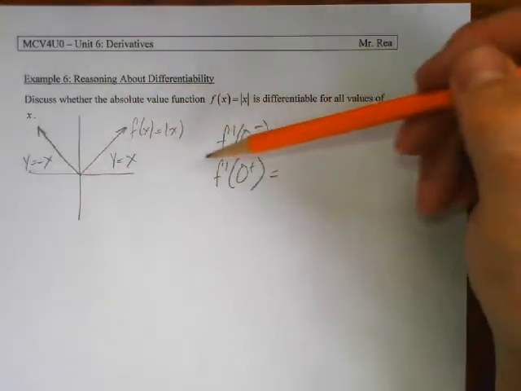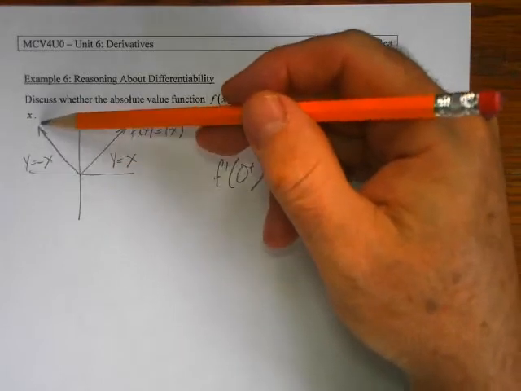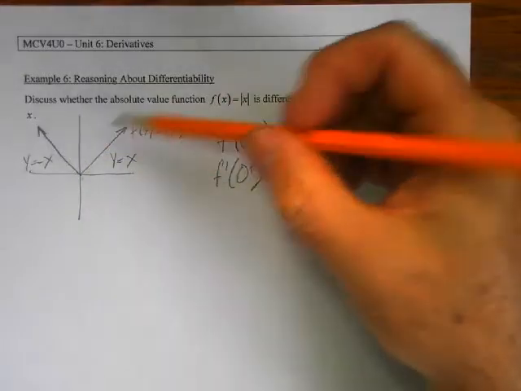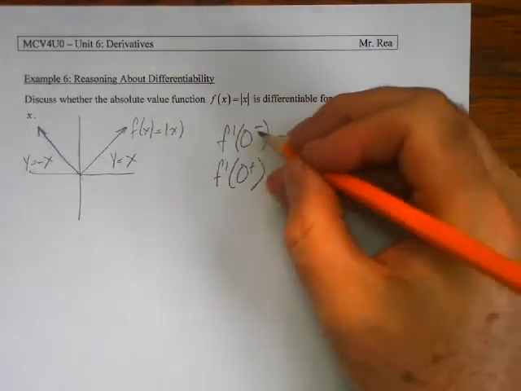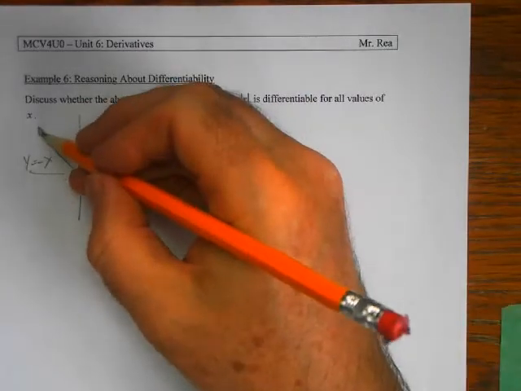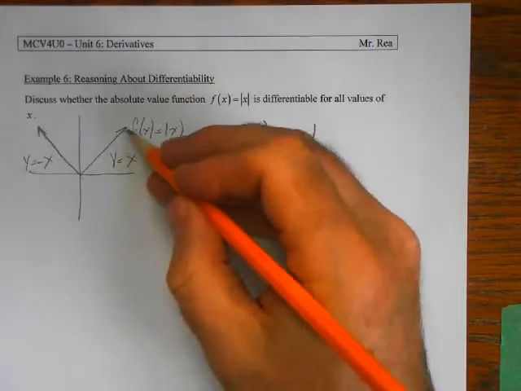So as we're coming down towards that point 0, for every value along there, the derivative is -1. On the other side, on the right side where x is positive, the derivative is +1.